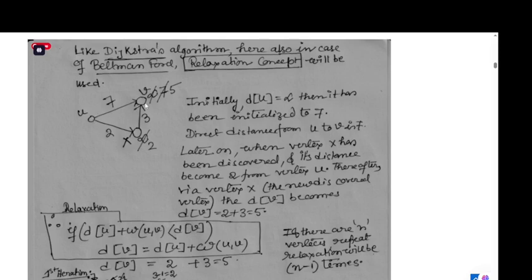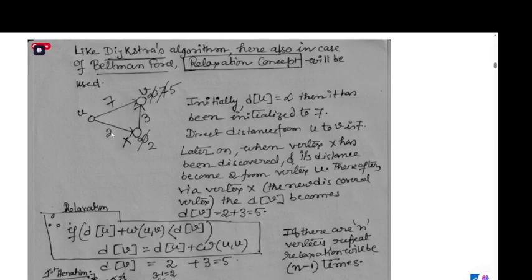Initially, infinity will be overwritten by 7. This other infinity will be overwritten by 2, because the distance from u to vertex x is 2. So finally, the u to v distance is 7.